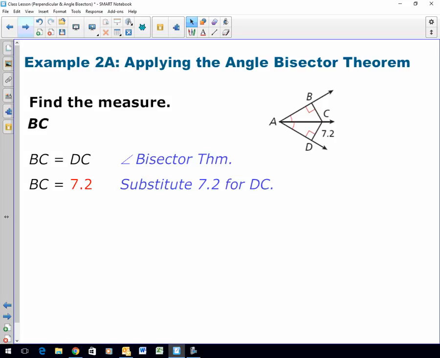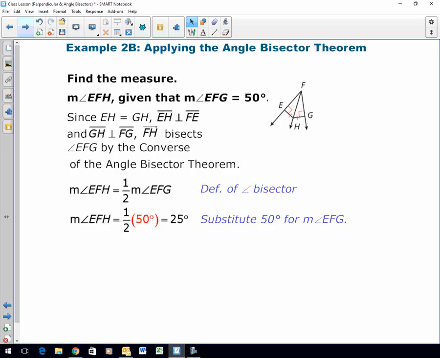This isn't that hard. Find the measure of BC. C to D is 7.2. Is this an angle bisector? Yes. That means C to B and C to D would be congruent, so it's 7.2. Okay? Ooh, this is a tough one.